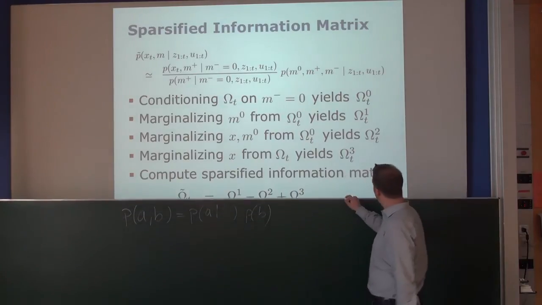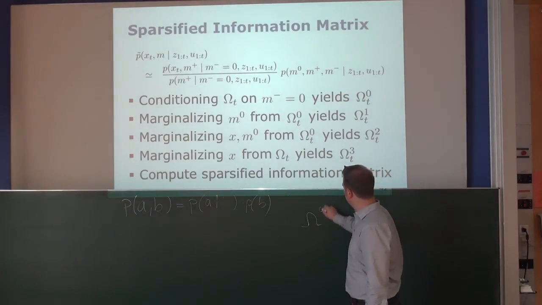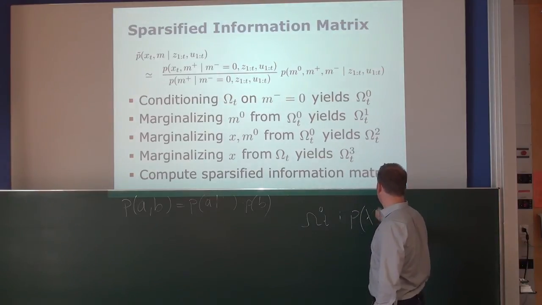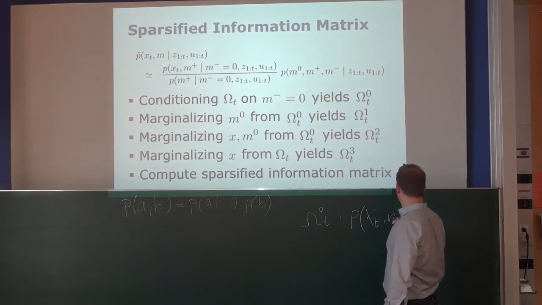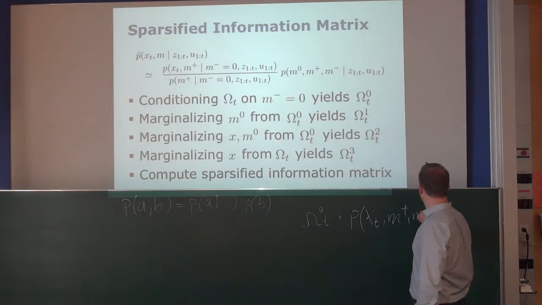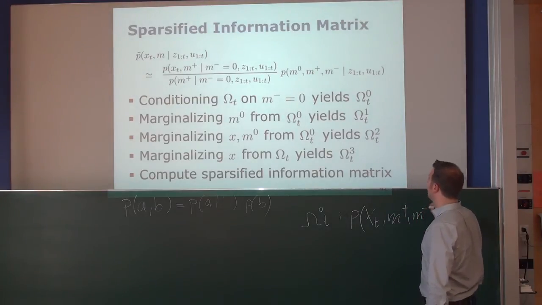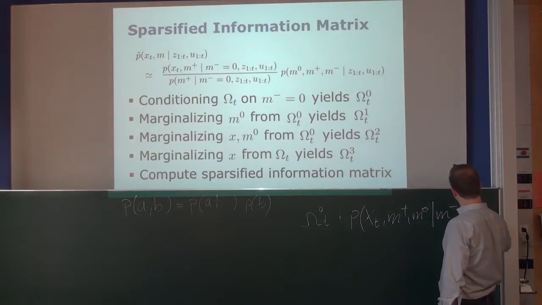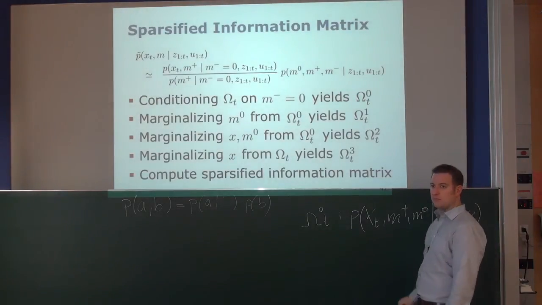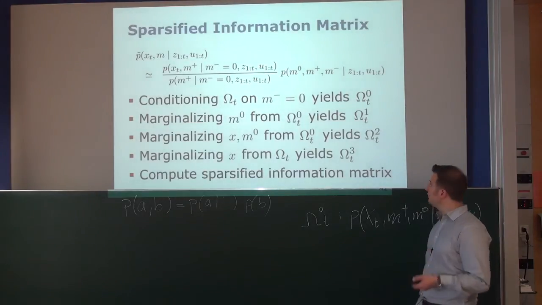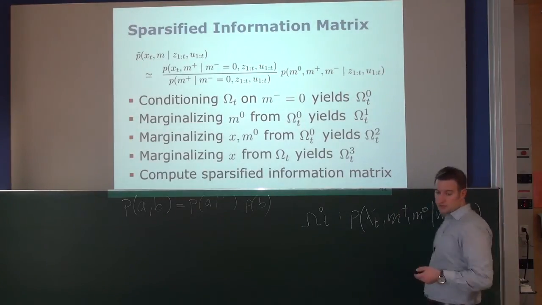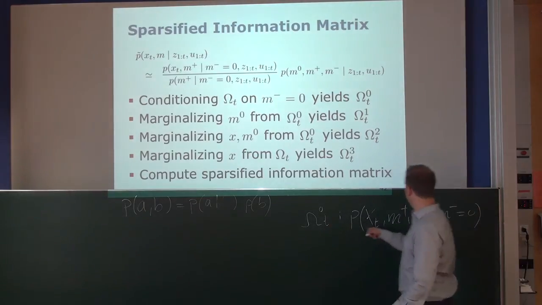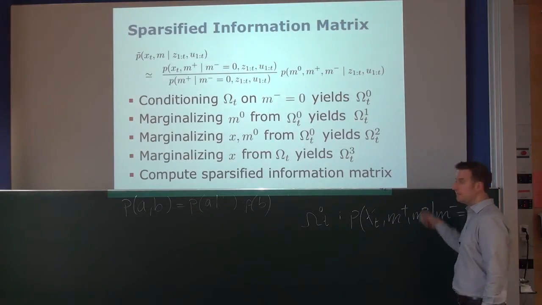So the first step is this omega 0 t corresponds to P of xt, m plus, m0 given m minus equals 0. I just compute the conditional, and then I get this information matrix which corresponds to this belief. Okay?